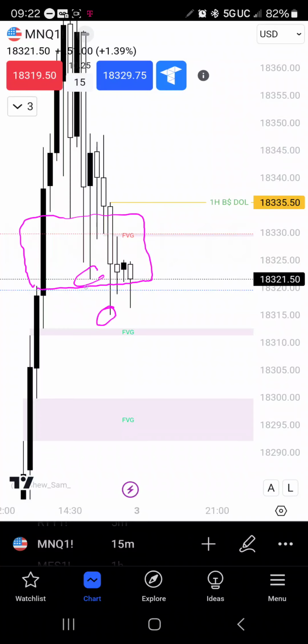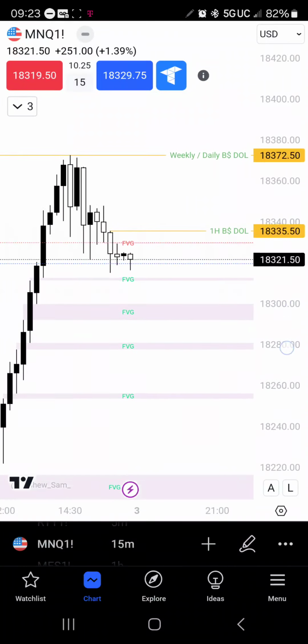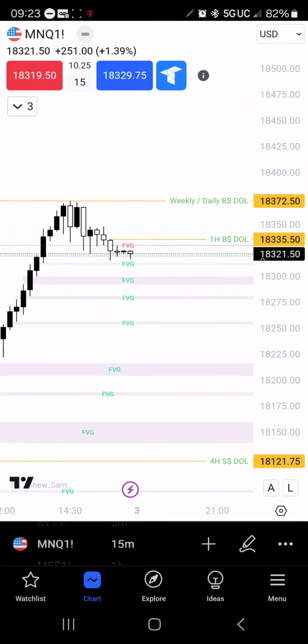So I don't expect for this to hold, but it's very possible that the algorithm could use this as a reason to draw back up either to this fair value gap or our 1 hour buy side draw on liquidity. So I can already see that point. There it is.